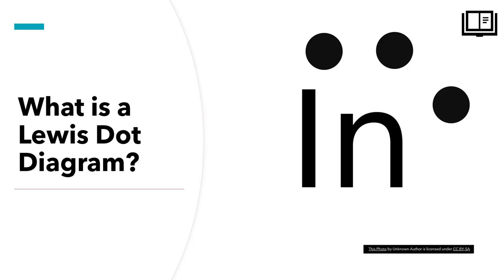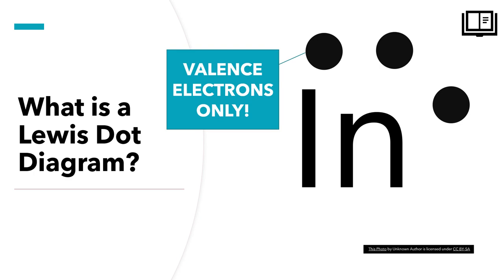First of all, what is a Lewis dot diagram? Well, a Lewis dot diagram is a diagram that shows only the valence electrons in an atom or an ion. Everything that's inside a Bohr model, so the nucleus and all the interior orbitals of electrons, is replaced by just the element symbol.